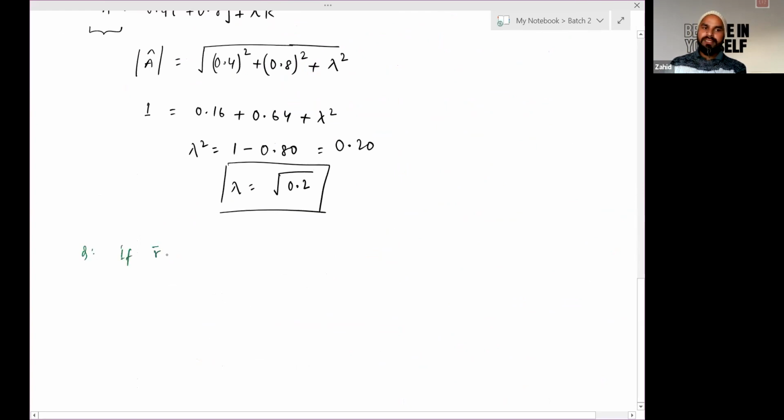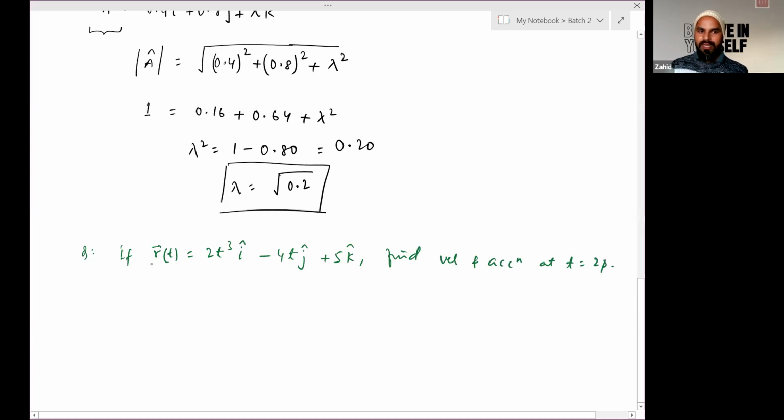If the position vector, t dependent, is 2 times t cube I cap minus 4 times t J cap plus 5 K cap, find velocity and acceleration at t equals 2 seconds.